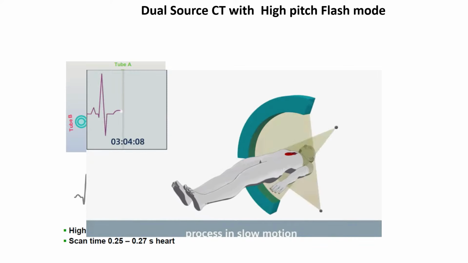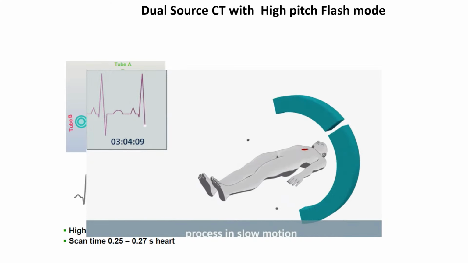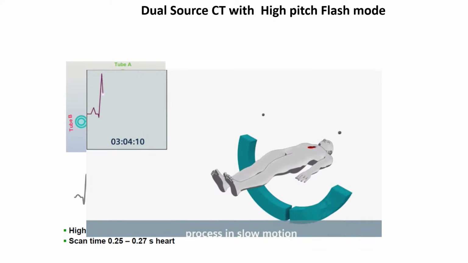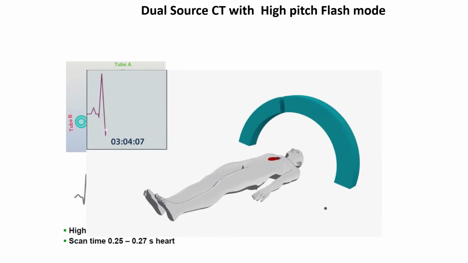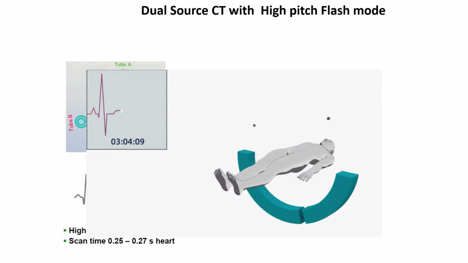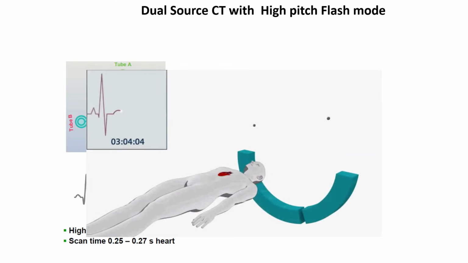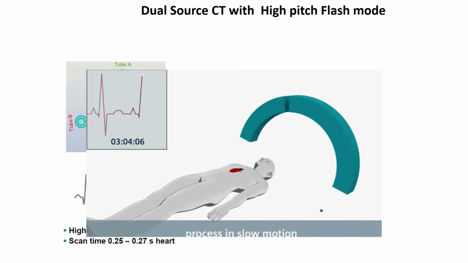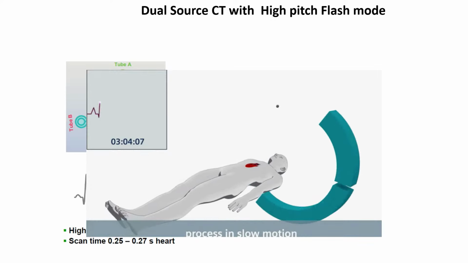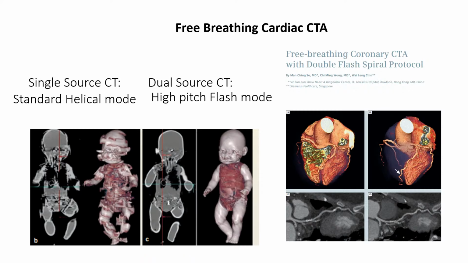So that's why 1/4 a second. But it also comes with a price because you have to have very good heart rate. Remember, the heart rate diastasis, I wouldn't do this if the heart rate is over 60, 65, okay? All right, so we'll talk about it, and again, free breathing.